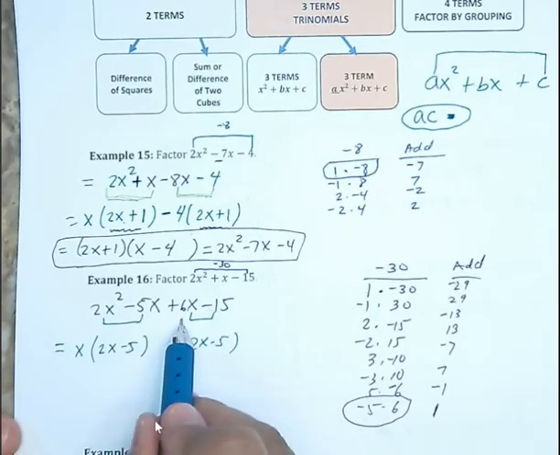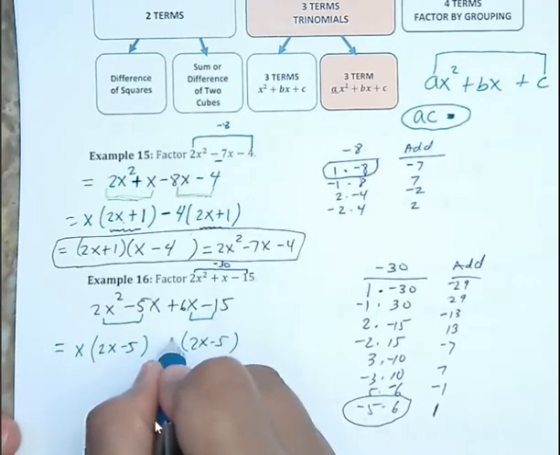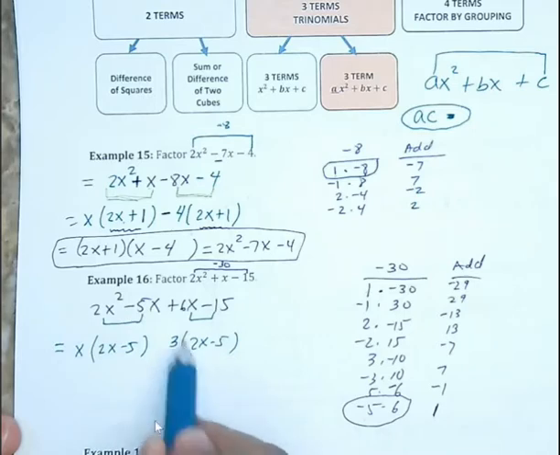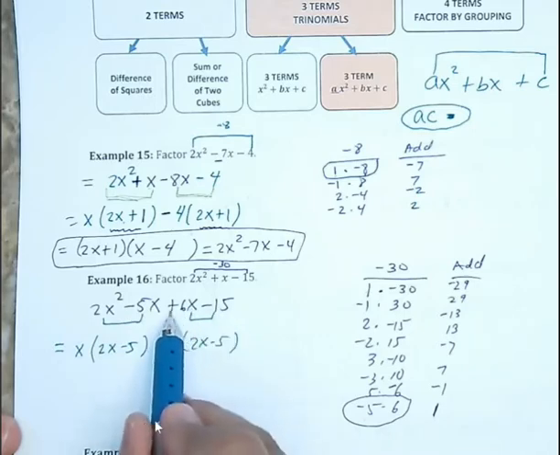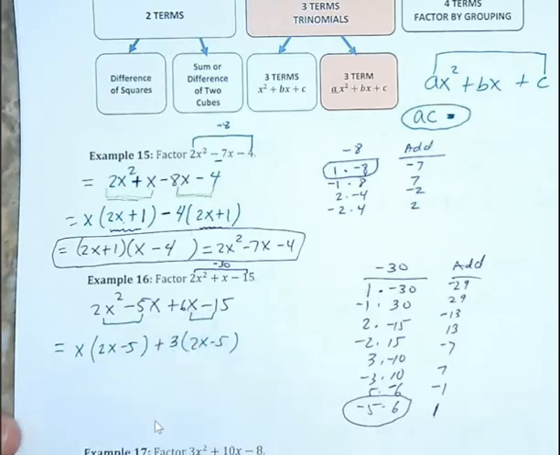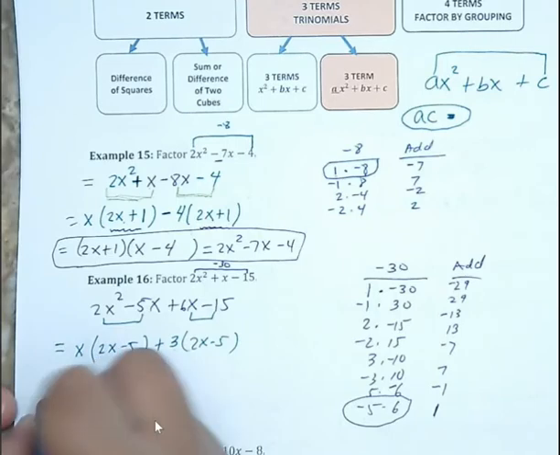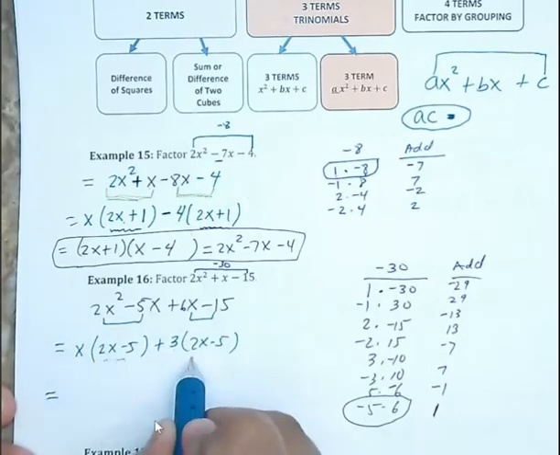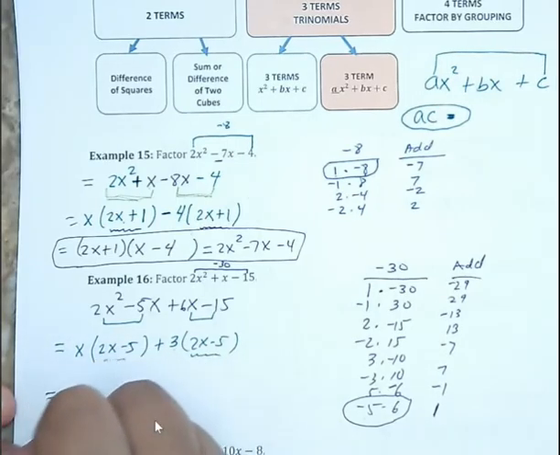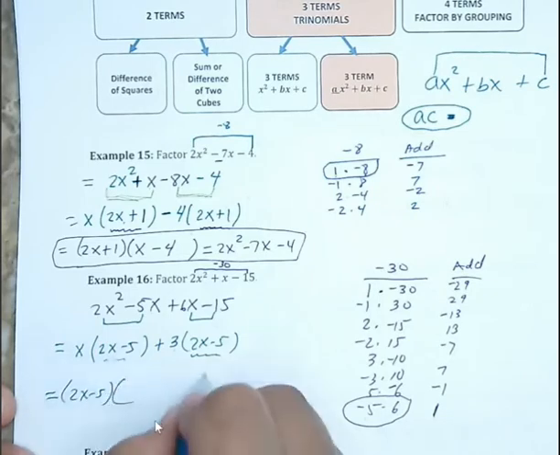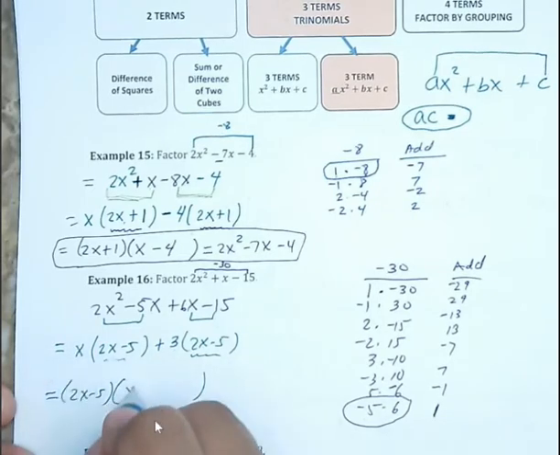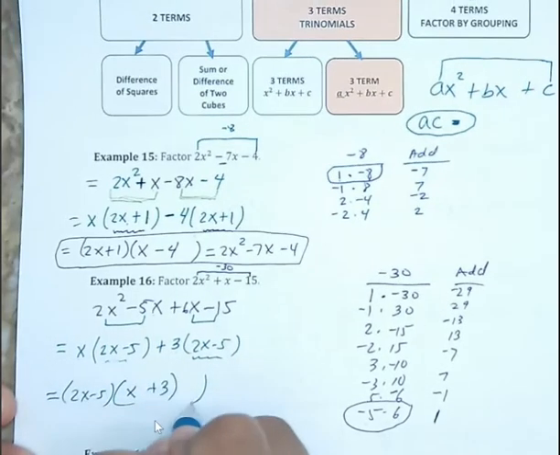The common factor of 6 and 15 is going to be a 3. 3 times 2 is 6x, 3 times 5 is 15. We want the 6x to be positive, so I'm going to need a positive here. I can factor out a 2x minus 5. If I do this, then I'm left with an x plus 3.